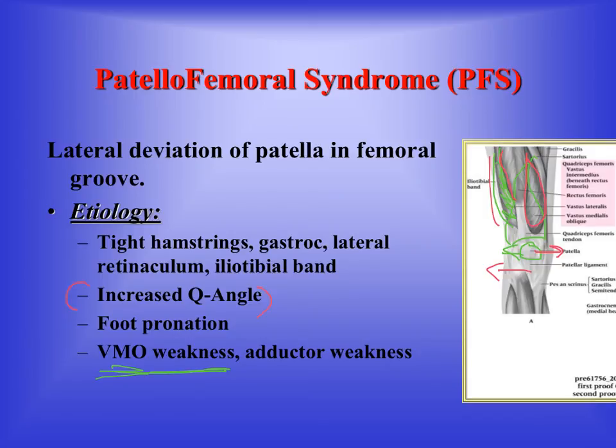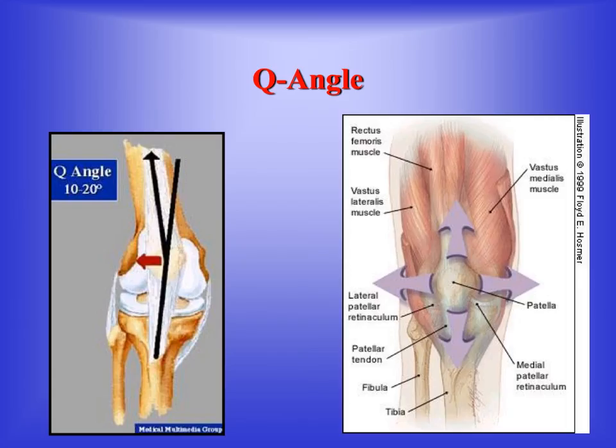I'm going to define what Q angle is on the next slide. So what is the Q angle? Well, the Q angle of the knee is basically a measurement of the angle between the quadriceps muscle, so the rectus femoris, and the patellar tendon, right? What does it mean?